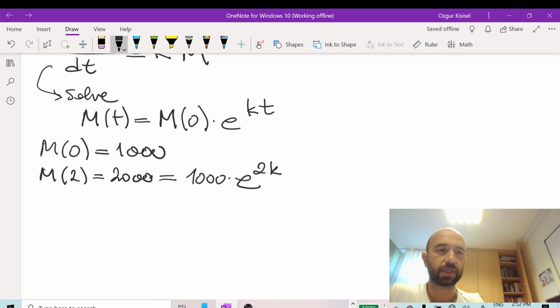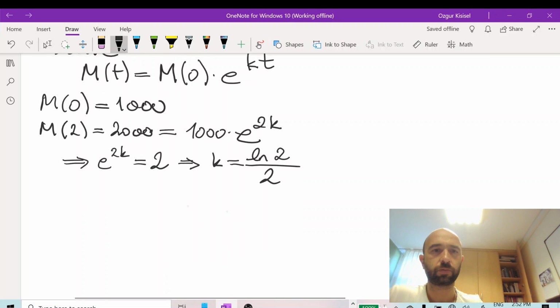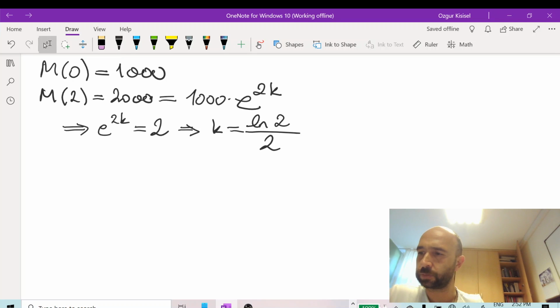From here, you can find k. e to the 2k is 2, therefore k is ln2 divided by 2. Okay, now we have everything to calculate whatever we want.